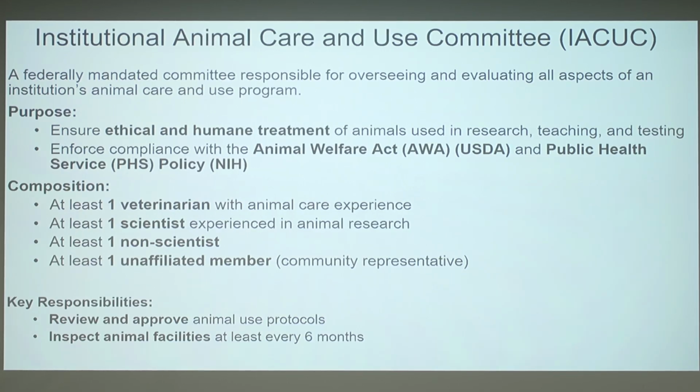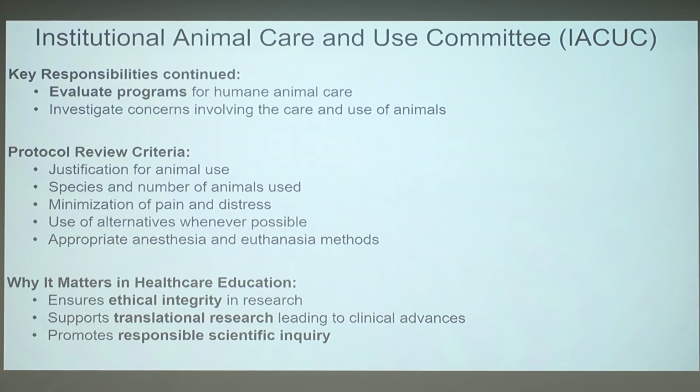And so here's the composition of IACUC. This committee will examine the animal protocol that you develop to determine a number of variables, and they'll also inspect your animal facilities to make sure that you are conducting research in a humane way.